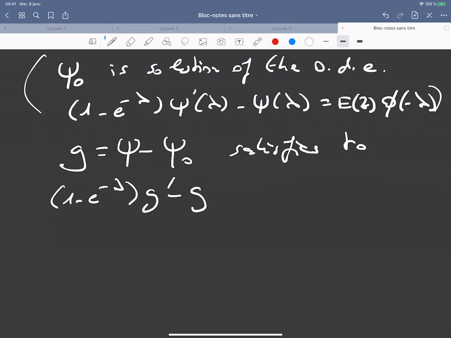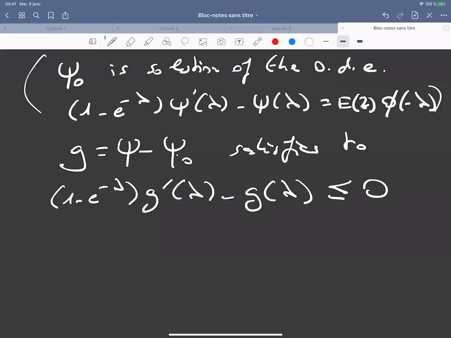which is homogeneous. That is, in this case, excuse me, j prime of lambda minus j of lambda. You do not have a second member. You have here 0, just because you have subtracted psi null. So this makes 0 appear.